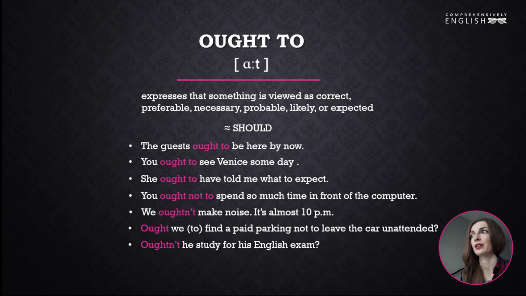Why can't we say that it's just a modal verb and that's it? Well, because there is this particle to. It doesn't belong to the modal verbs because it breaks the paradigm, which is the same for all those 9 modal verbs. As we see, ought to has its own peculiarities.